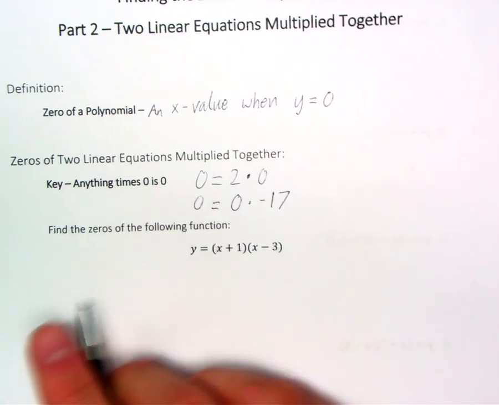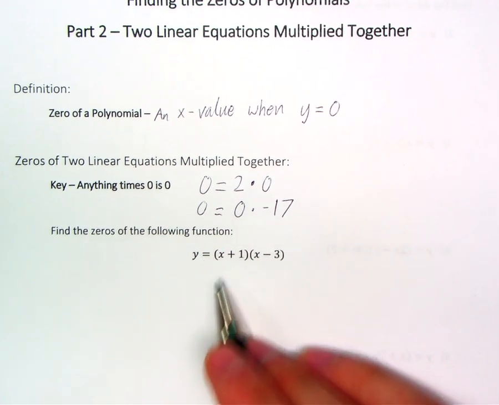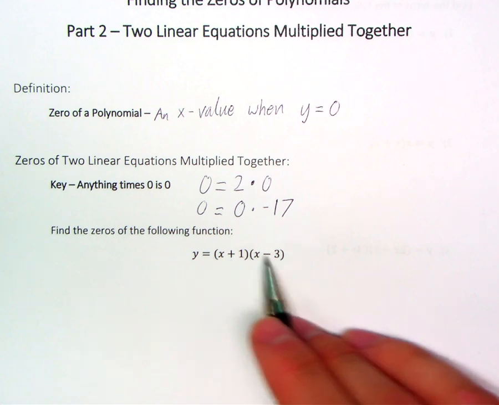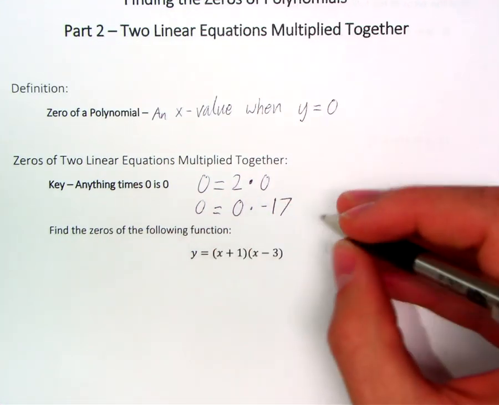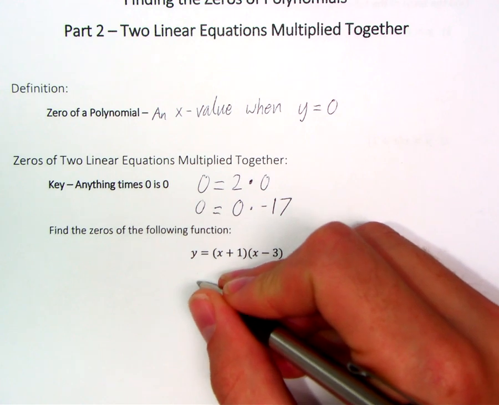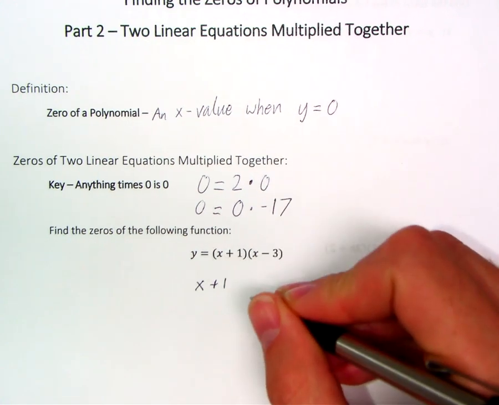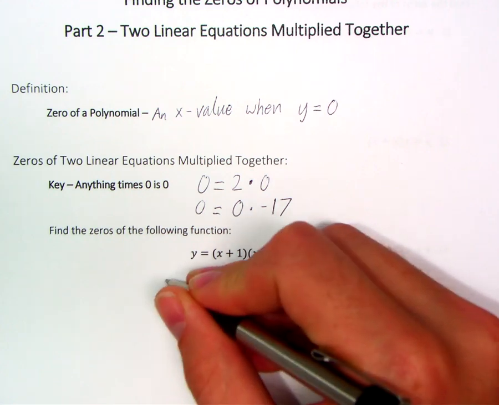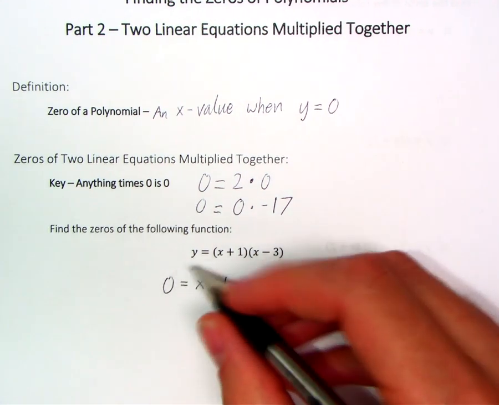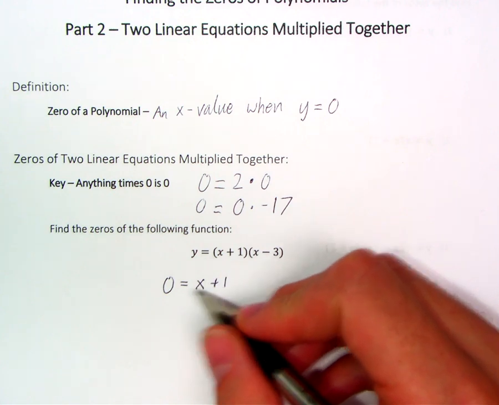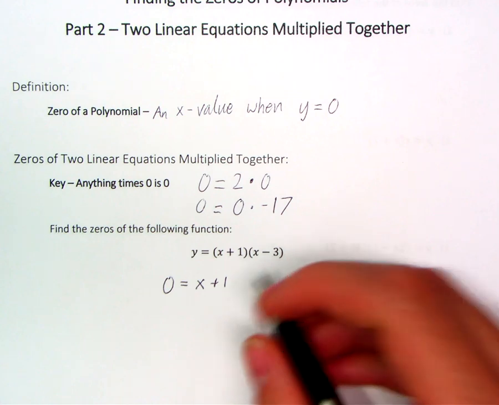All right, so let's get to it. We're going to try to find the zeros of this function, which is two linear equations multiplied together. So the first thing I'm going to do is take the first linear equation, the thing in the first parentheses, and make that equal to 0. I'm just going to make it equal to 0 and see what x needs to be for that to be true. Well, this is the same kind of problem that I did last video.